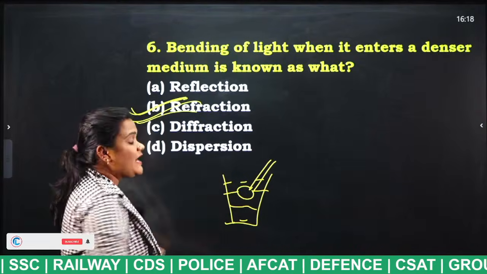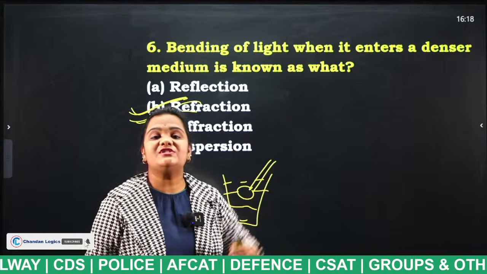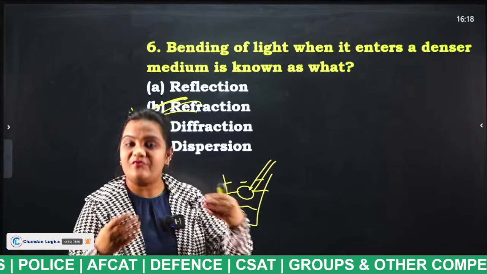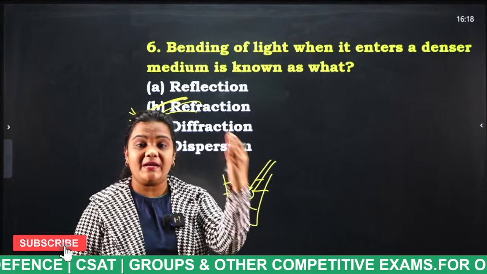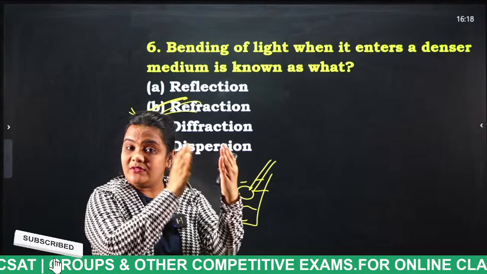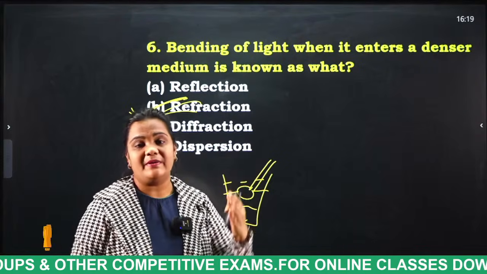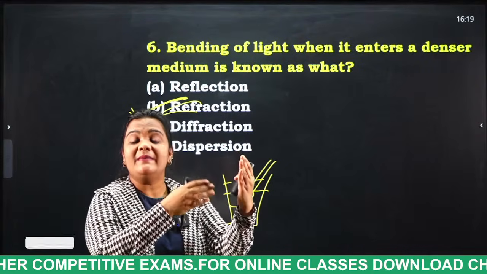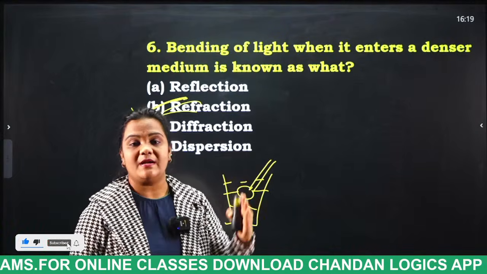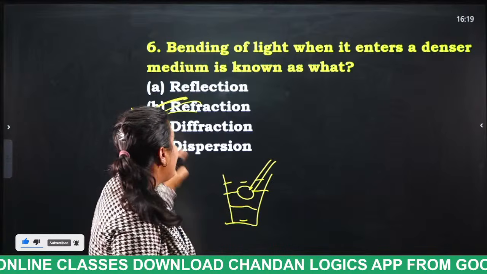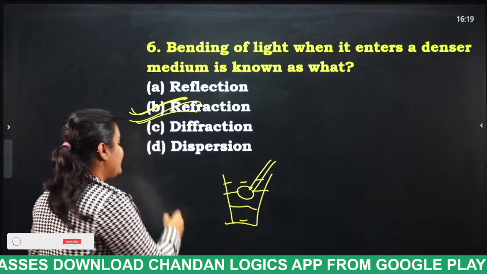Refraction. And what do you mean by reflection? Reflection is nothing but bouncing back of images. When you look at a mirror, the same image which is in front of the mirror appears in that mirror. That is nothing but reflection. And finally, what do you mean by diffraction?